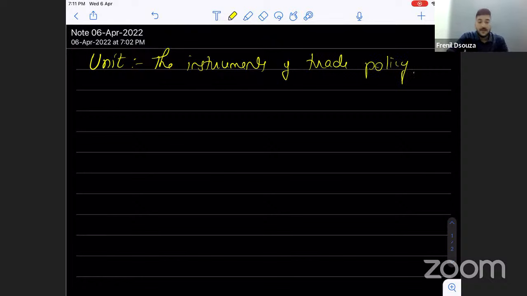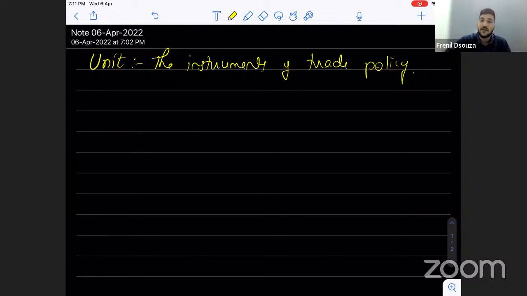Now, please understand this before we revise anything about this unit. You have to understand the gist of this entire unit. As we learned in unit 1, international trade is important and beneficial for countries. At the same time, many countries are very protectionist about their own country.